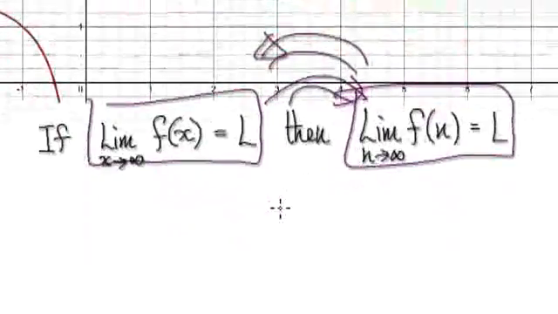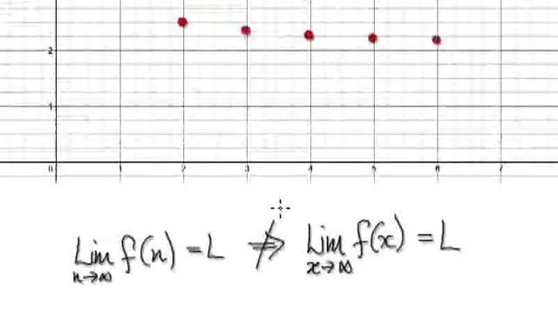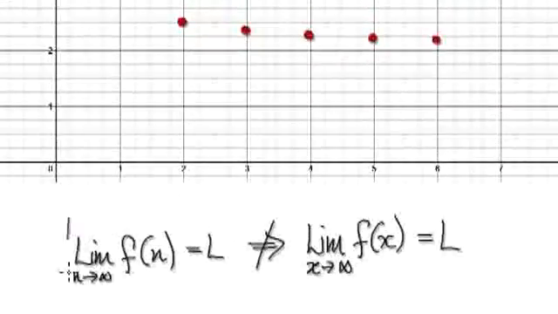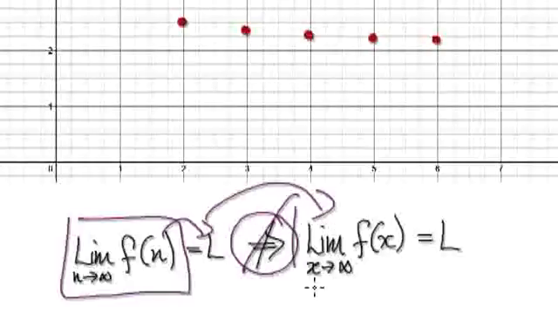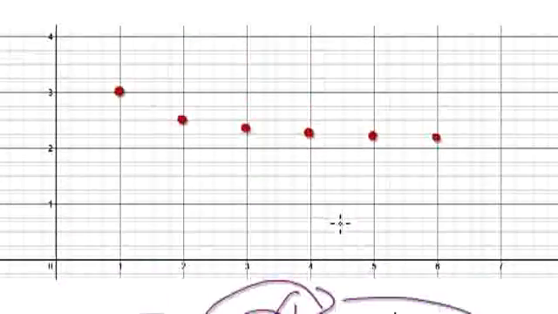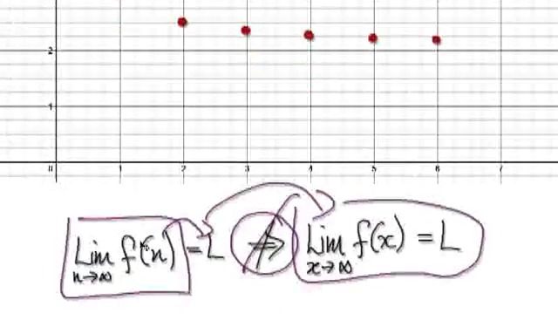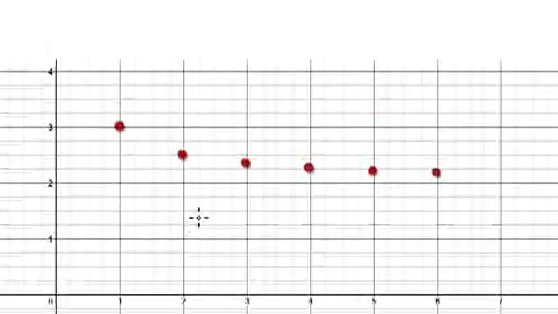For example, going backwards. Suppose your sequence is heading towards some sort of limit, then it doesn't necessarily mean that your function will head towards that same limit. For example, let's say you've got a sequence that's heading towards a limit, like in this case here.